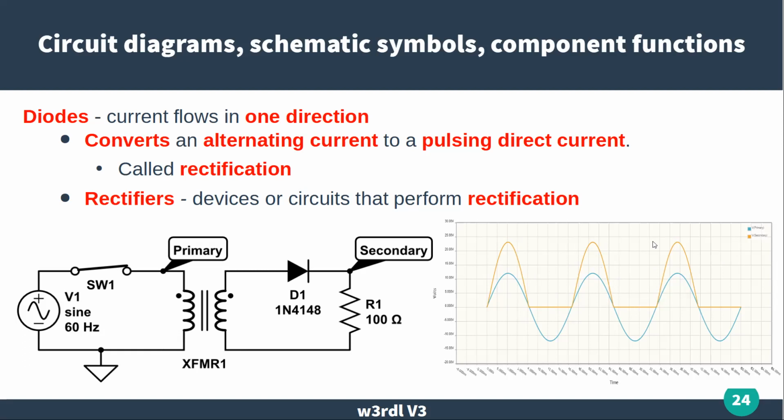So it's no longer an AC waveform, it's pulsing DC because it never crosses 0. And in fact, because of the voltage drop across the diode, it never actually gets there. But it's too small to see that difference.